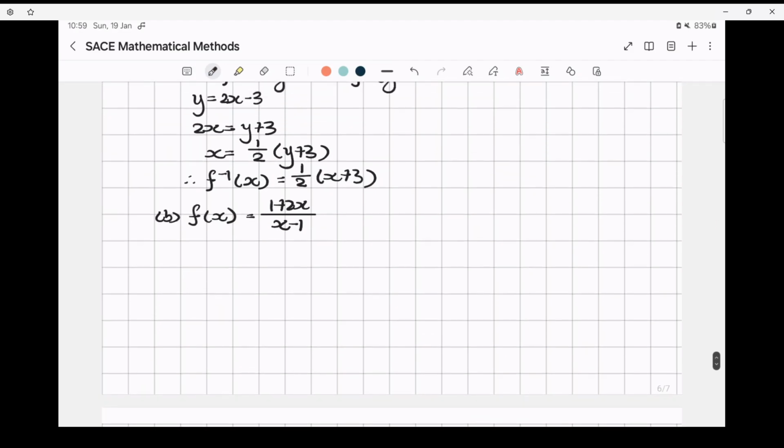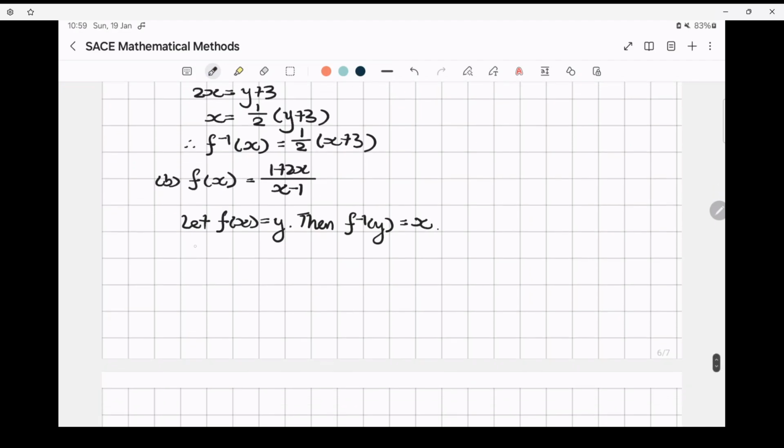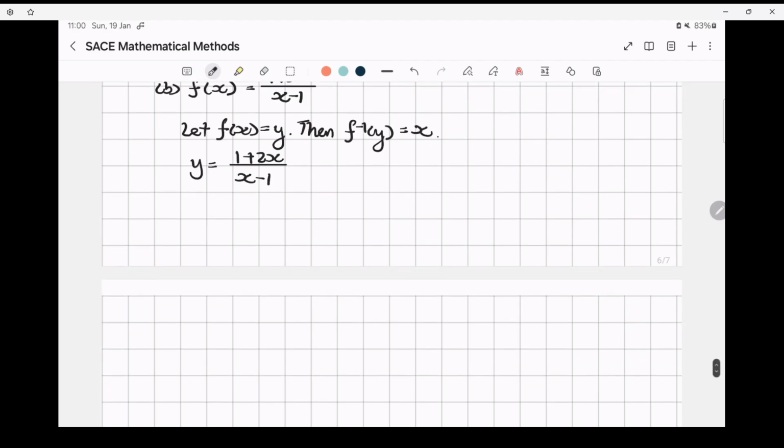Similarly, first step, let f(x) equal y, then f inverse of y will equal x. So y equals (1 plus 2x) over (x minus 1).